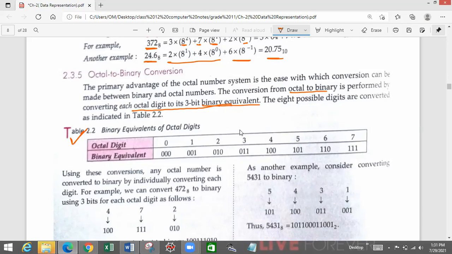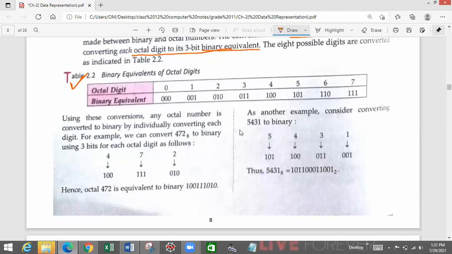Suppose my number is 472. 472 is my number in octal, and I want to convert it to binary. So how can I do it directly? The first method is that I will convert the octal number into a decimal number, and then convert this decimal number into binary.